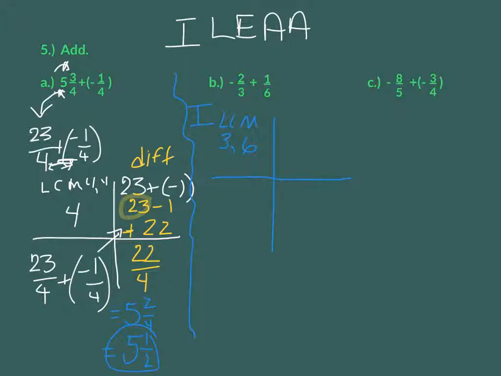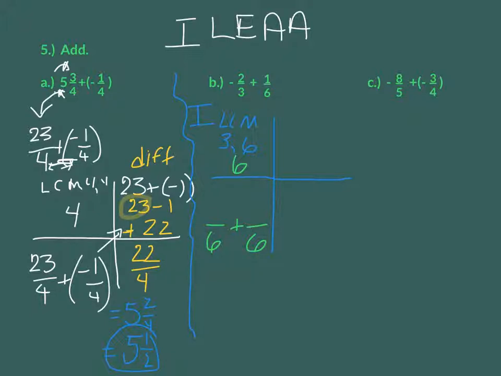In other words, what's the lowest number that 3 and 6 are both gazintas for? Well, 3 goes into 6, so the least common multiple is 6. When I rewrite my problem for equivalent fractions, both denominators need to be 6.